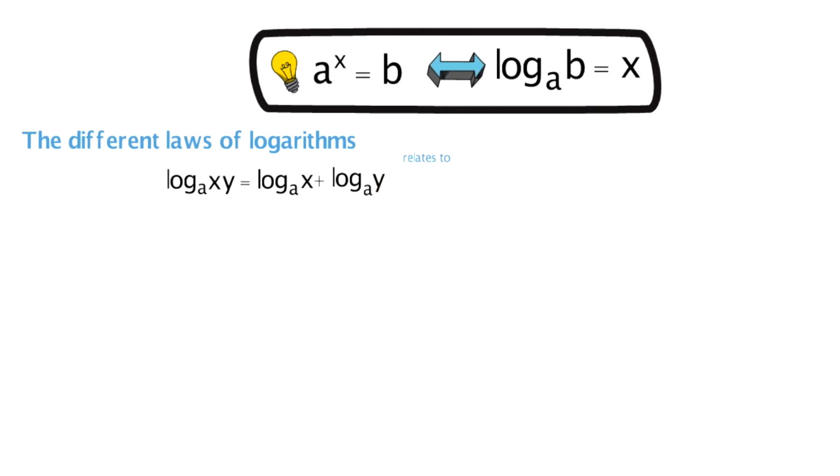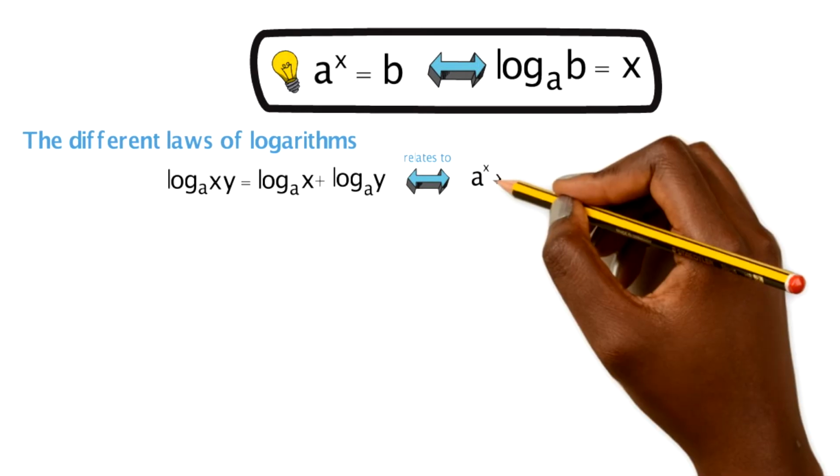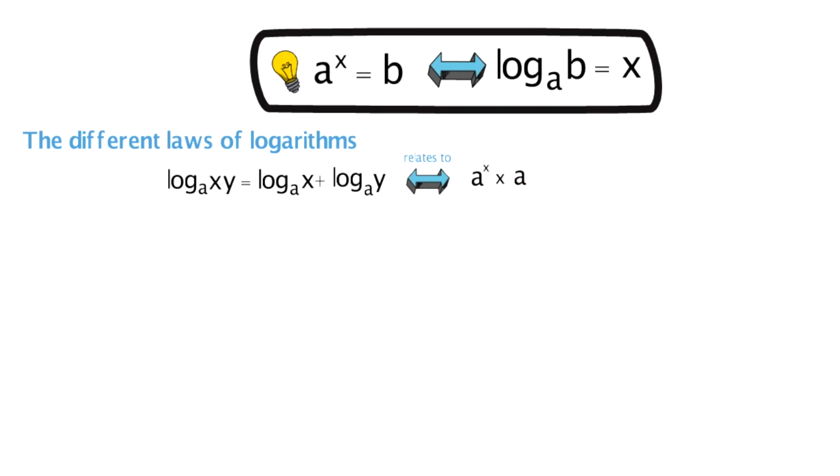And in terms of indices, this relates to a to the power of x multiplied by a to the power of y being equal to a to the power of x plus y.